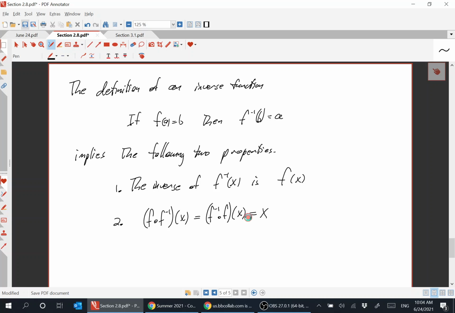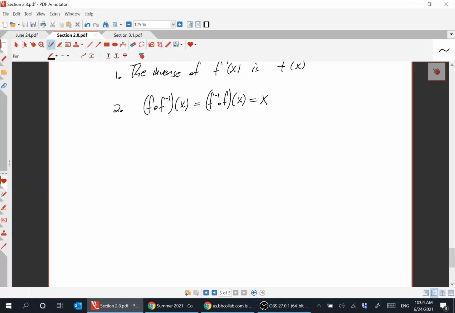So, for example, consider the one-to-one function f of x equal to x squared for x bigger than or equal to 0. Right, x squared was not one-to-one, but we're going to restrict the domain.